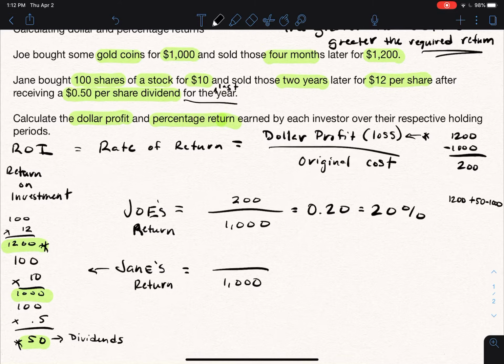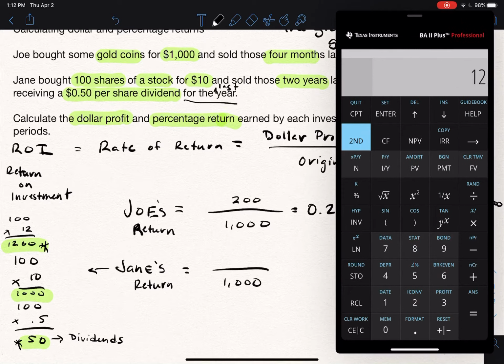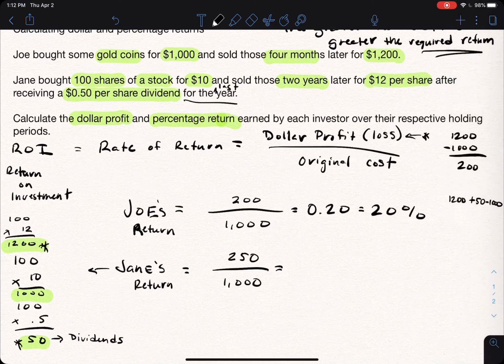And so what is that? That's 1,200 plus 50 minus 1,000. And that means that she made $250 in profit. So then if we divide that by the original 1,000 that she invested, she had a 25% return.